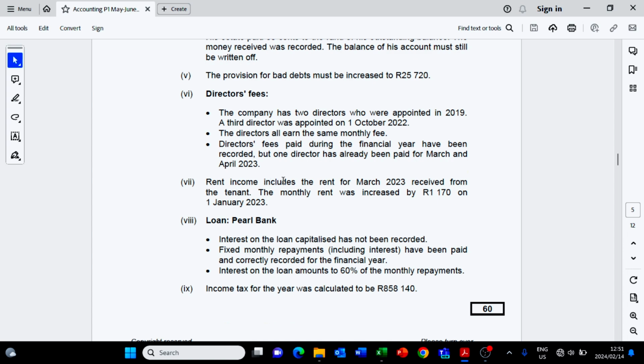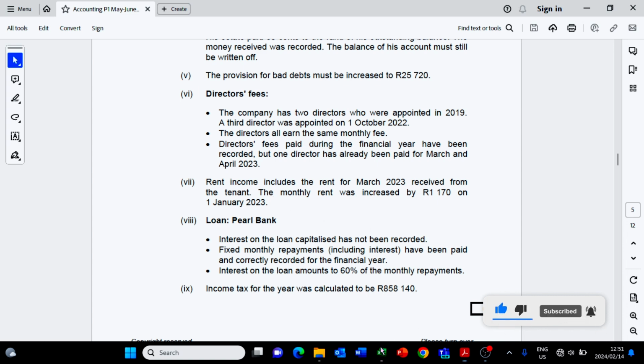Rent income includes the rent for March 2023 received from the tenant. The monthly rent was increased by 1,170 on 1 January 2023.